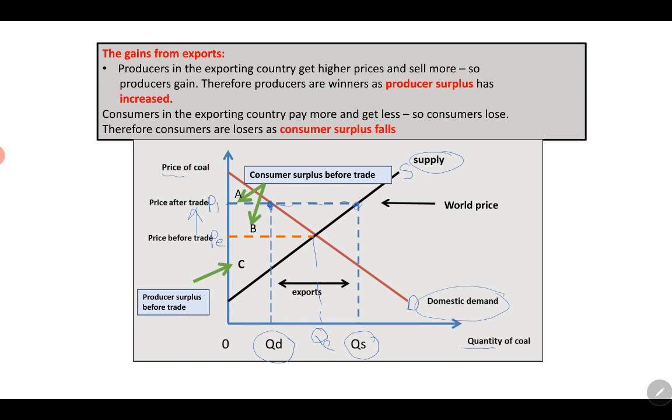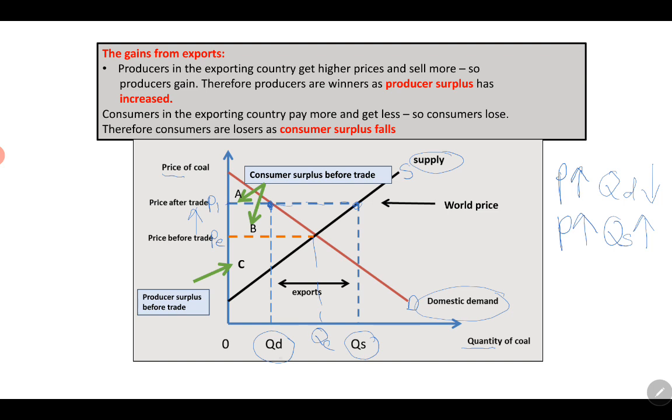Now what happened? Because price has increased, recall your law of demand: when price increases, quantity demanded will decrease, and when price increases, quantity supplied will increase. So this is the law of demand and law of supply, and that's what we are applying here.